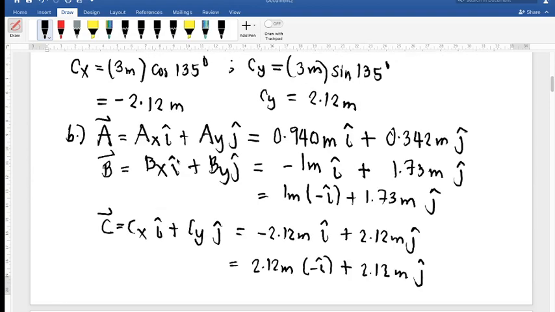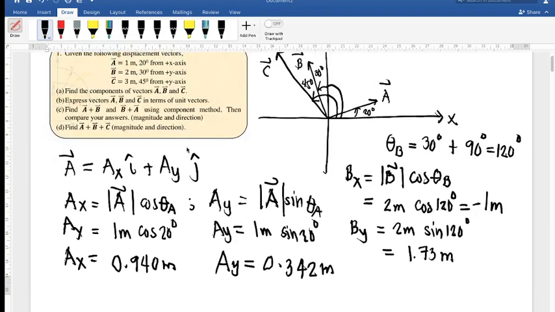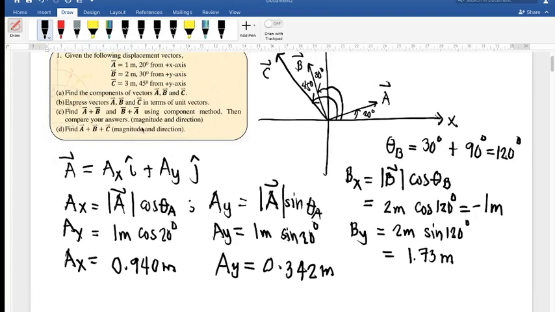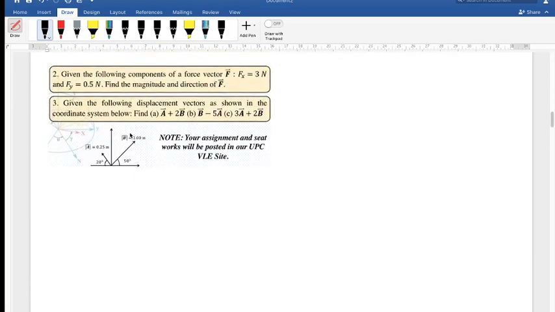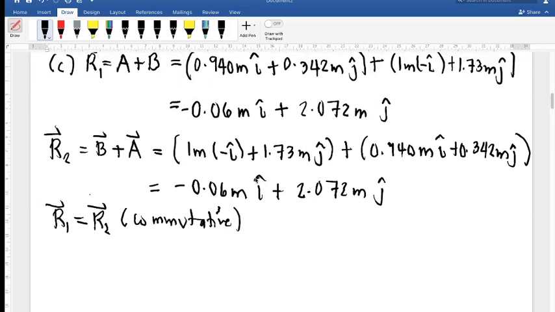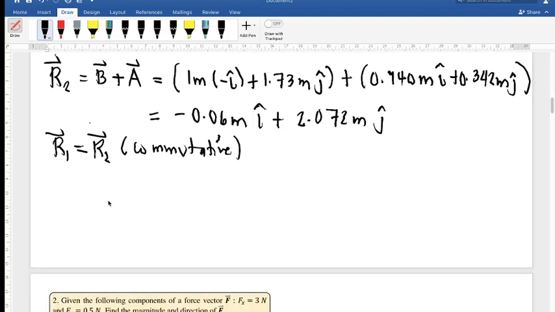So next, sabi niya kasi dito is we have to get the magnitude and direction. So since same lang naman din sila ng expression using unit vector, why not put this as like this one? So the R1 is equal to R2.